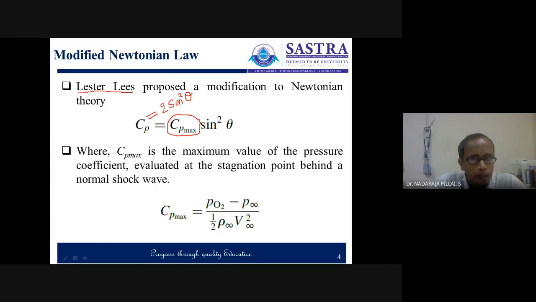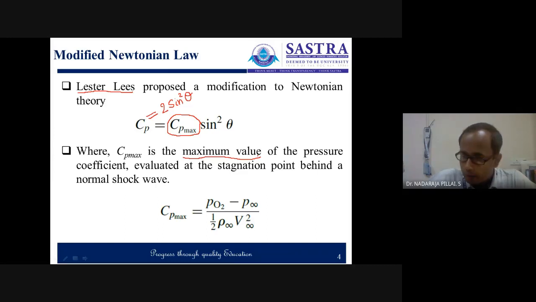So Cp max is the maximum pressure value, like it is evaluated at the stagnation point behind the normal shock. If you think a little, it will necessarily be something like the stagnation pressure of the hypersonic body.